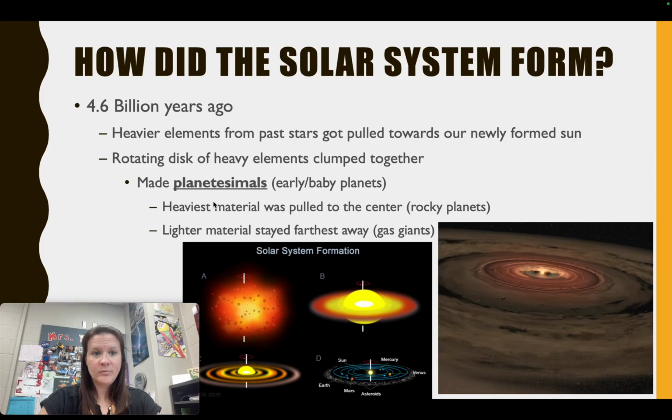All right, so last up, we're going to talk about how the solar system formed, and it's going to be in a similar way that we talked about the moon forming. So 4.6 billion years ago, once our star, our sun, began its life, and that's our next unit, so you'll understand that later, when it became a star, the immense gravitational pull of it brought vast amounts of gases and larger particles to it.